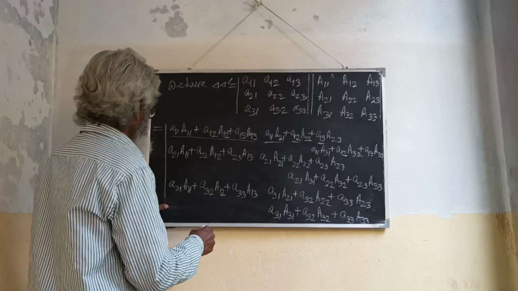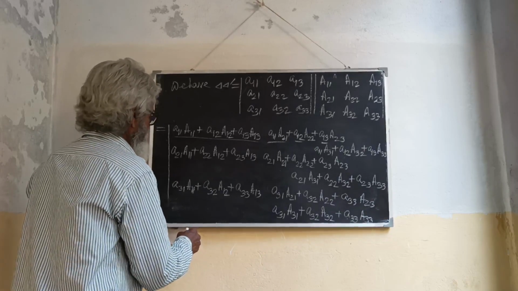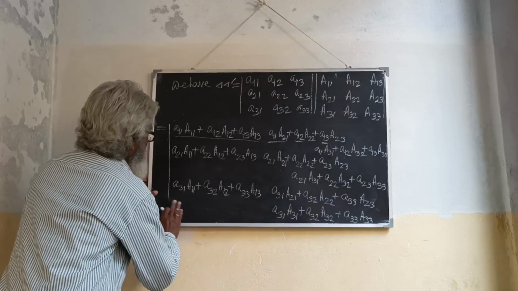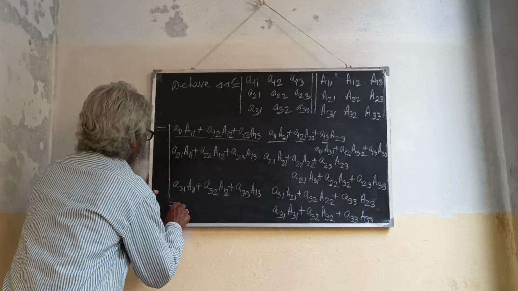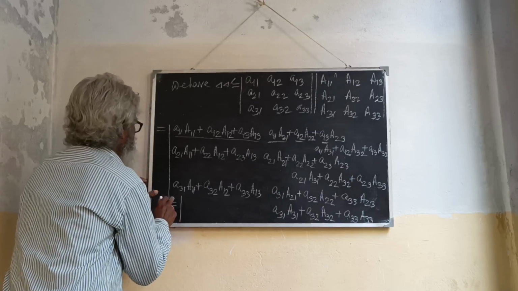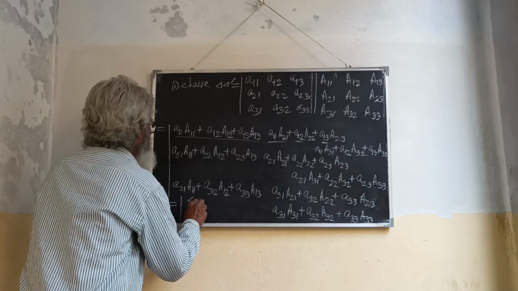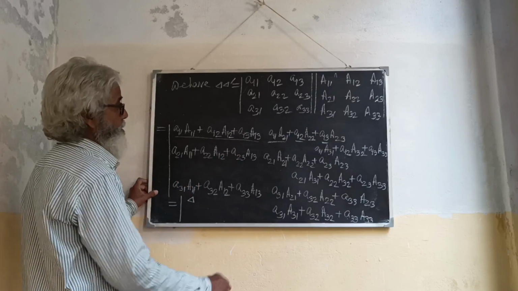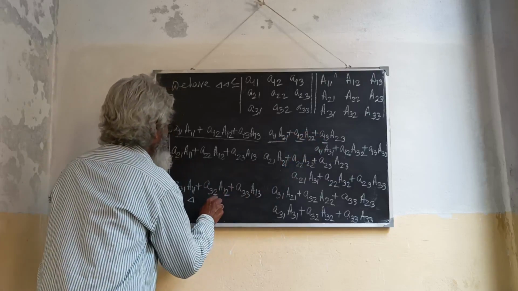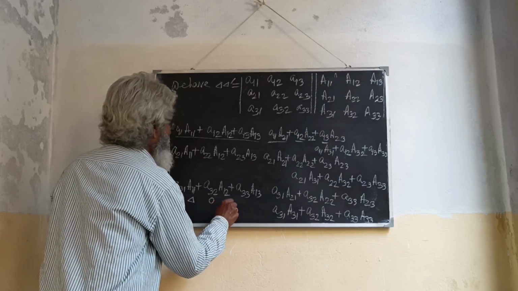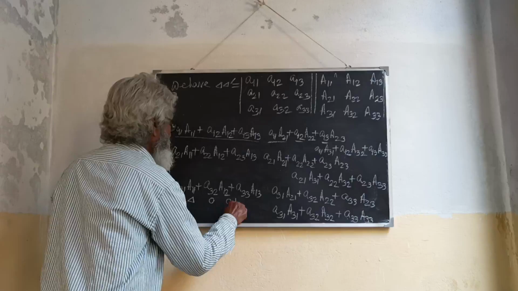So ultimately, you get this equal to delta, this is 0 and this is 0.